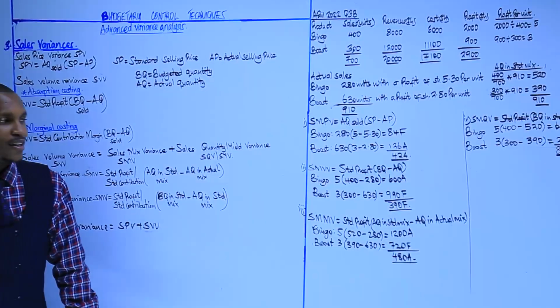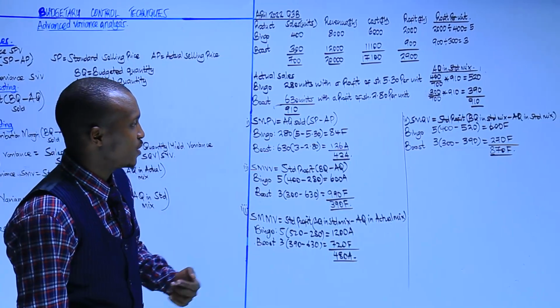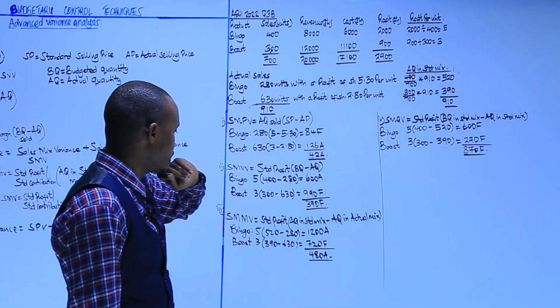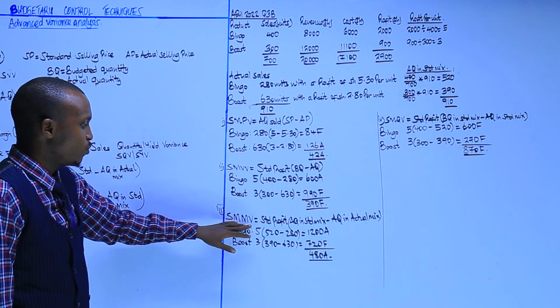Favorable. Now that we have calculated our sales margin quantity variance and our sales margin volume variance.